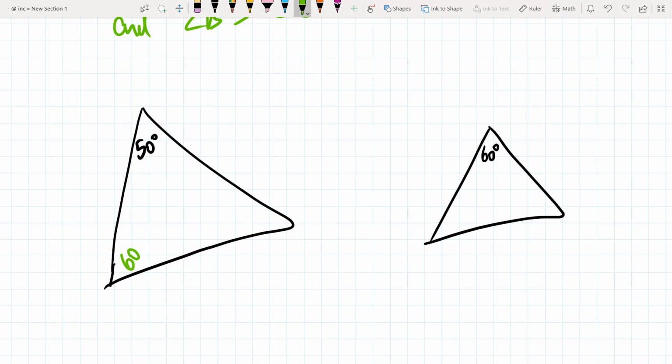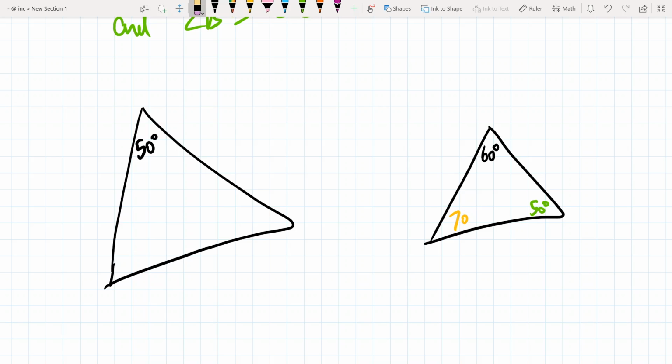This 60 might match up right here. And that 50 might not match with that. That 50 might actually be here. And really, maybe that third one is what? What would it have to be? It would have to be 70. So just because you see the 50 and the 60 and they're different and they're both on the top, don't assume that they're not the same.